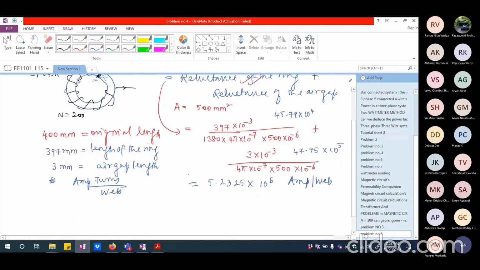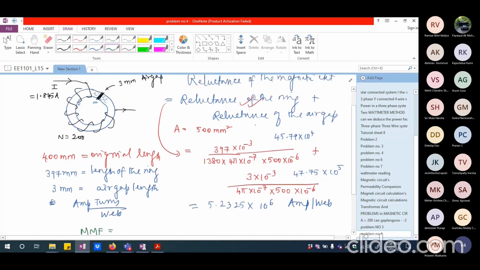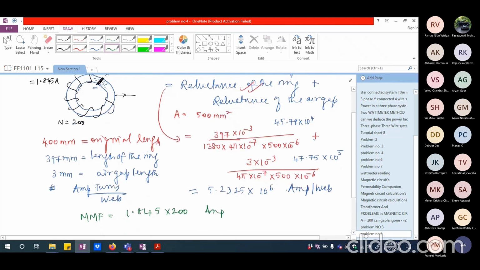Now, this is the reluctance and MMF remains the same. So you should be able to calculate the flux. MMF is still the same current, original current what I have got. That is 1.845 multiplied by 200 ampere. Okay. Now MMF divided by this reluctance.